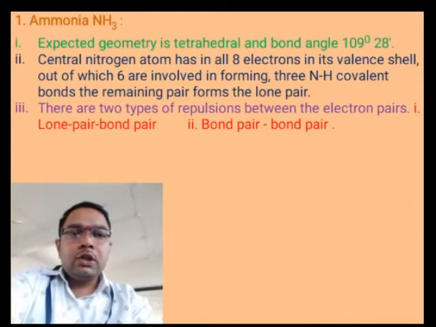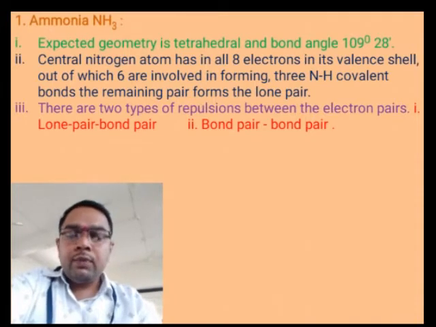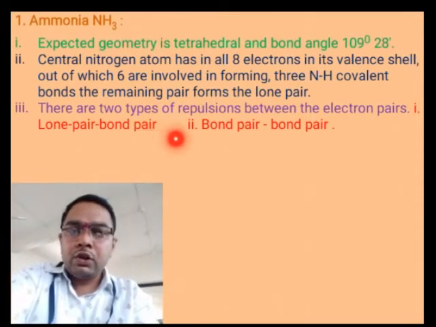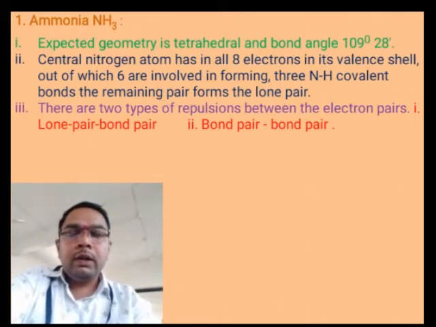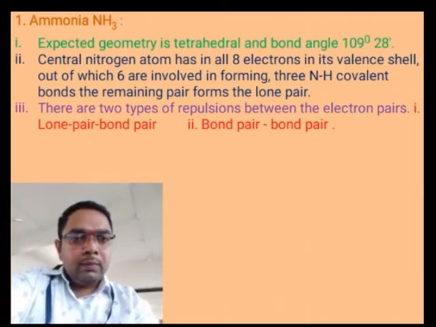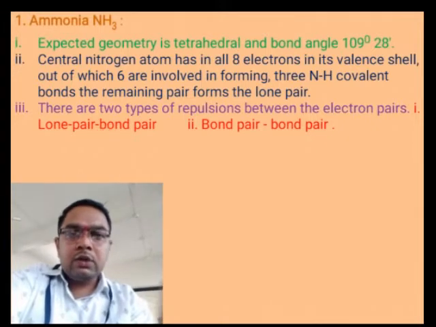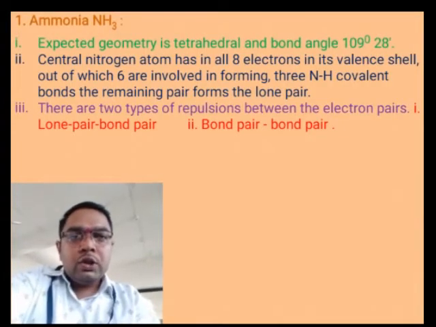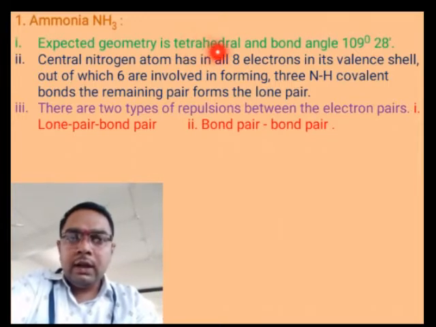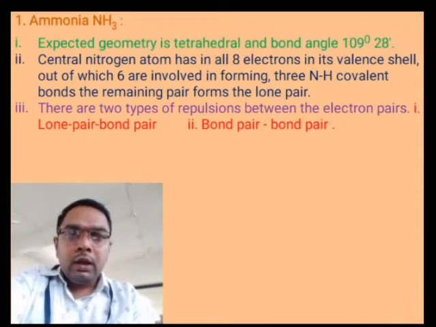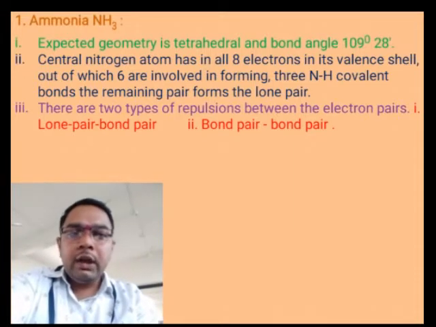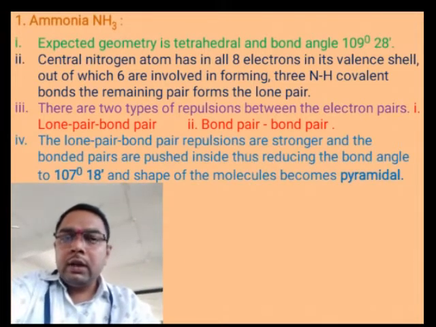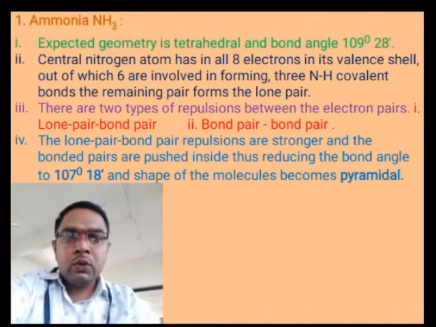There are 2 types of repulsions between the electron pairs. First is lone pair-bond pair repulsion and second is bond pair-bond pair repulsion. Due to the lone pair-bond pair and bond pair repulsions, the ammonia molecule changes its shape from tetrahedral to pyramidal and the bond angle from 109 degrees 28 minutes to 107 degrees 18 minutes, and the shape of this molecule is pyramidal as shown in the figure.